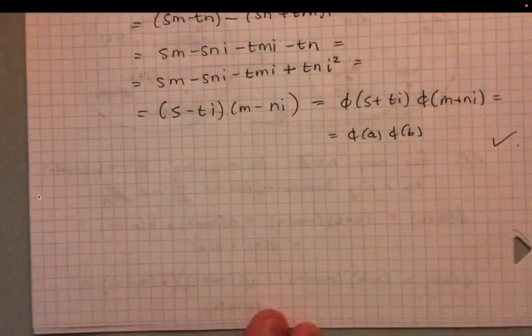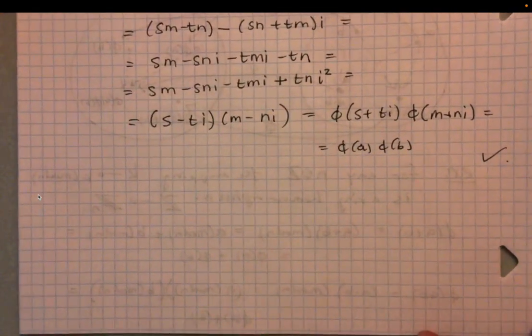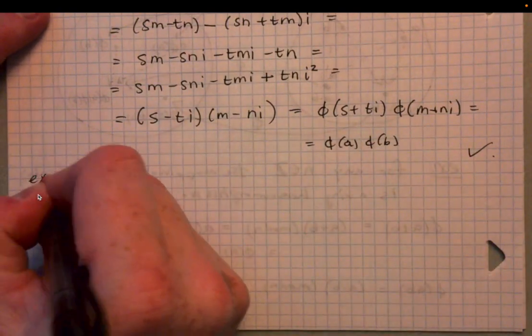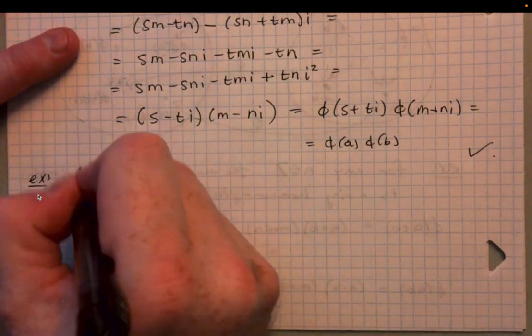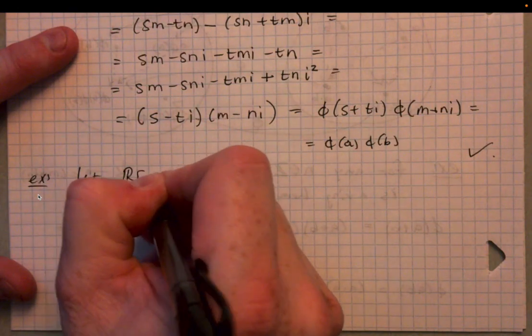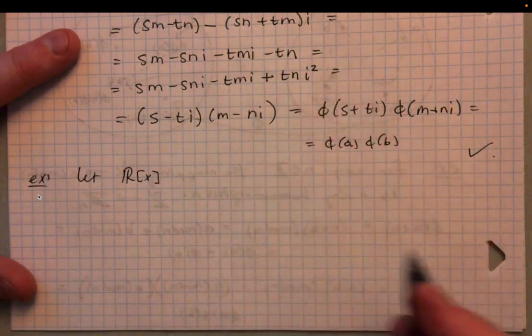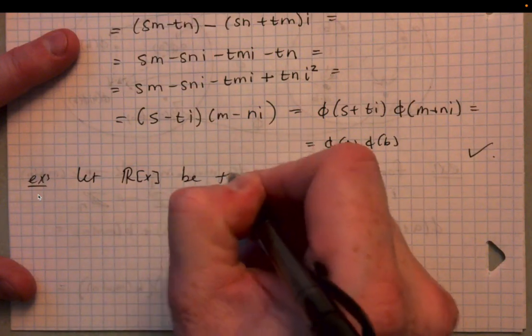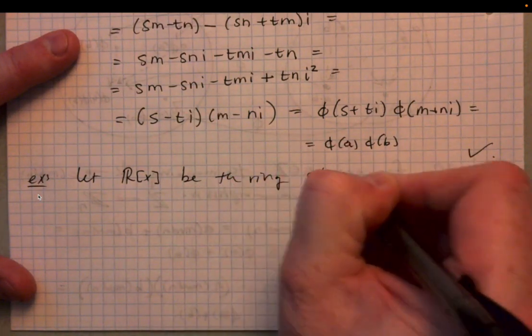Okay, let's take another example. Let's try to get a little more out there. How about this one? Let's let R of x denote the ring of all polynomials with real coefficients.